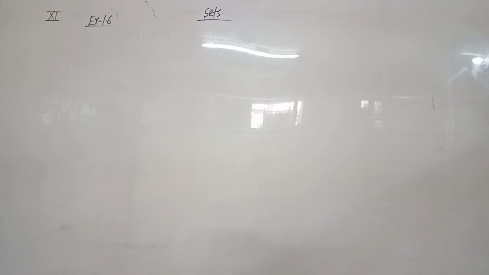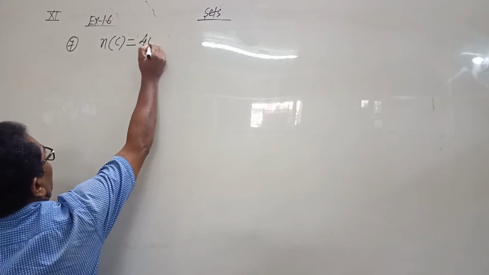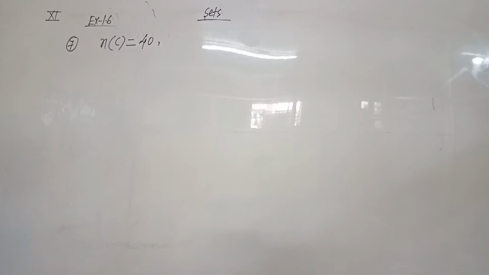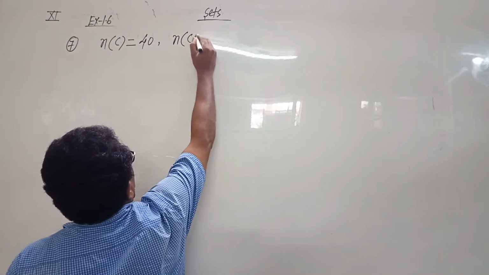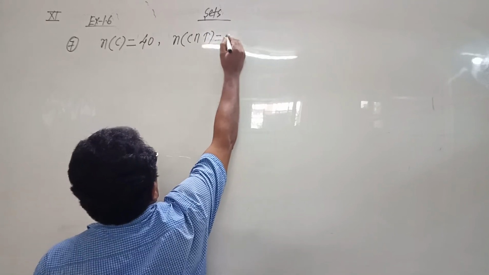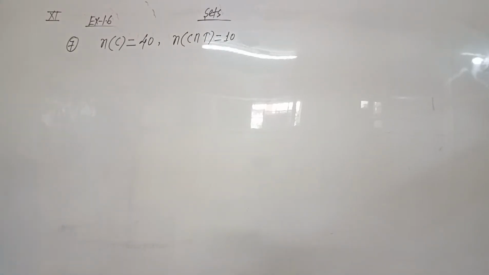Question number 7. In a group of 65 people, 40 like cricket and 10 like both cricket and tennis. 40 like cricket, so n of C, the number of people who like cricket, is 40. 10 like both cricket and tennis, so n of C intersection T equals 10.